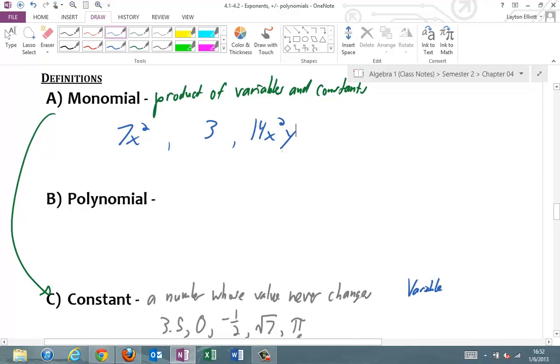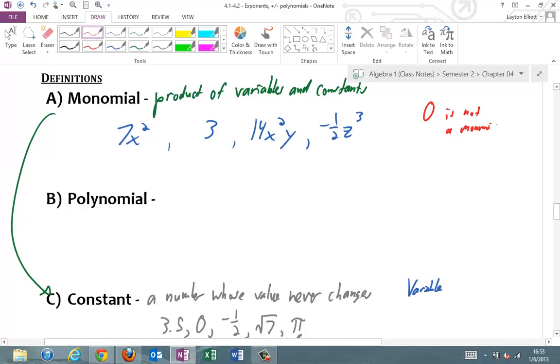Those are products of variables and constants. Negative 1/2 z to the third. All of those are monomials. There is a number that is not a monomial. 0 is not a monomial. We don't consider 0 to be a monomial.